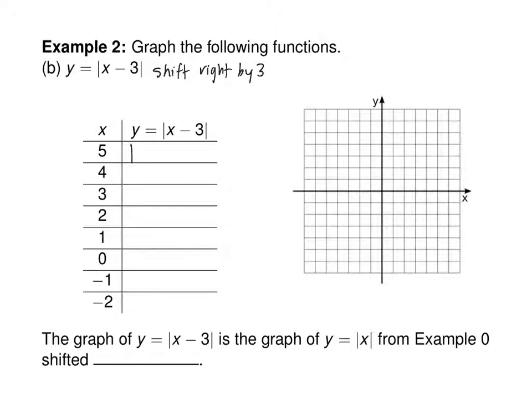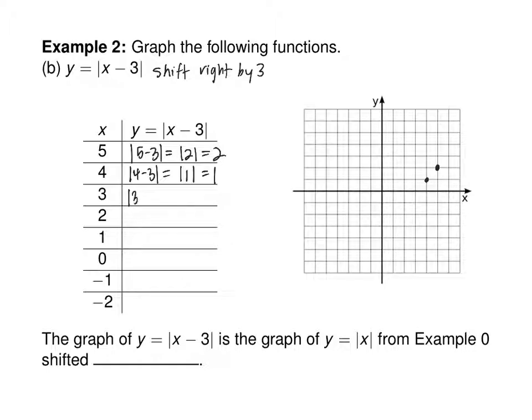So if I plug in 5, absolute value 5 minus 3 is absolute value of 2, which gives us 2. So over 5, up 2. If I input 4, 4 minus 3 is 1, which absolute value is 1.